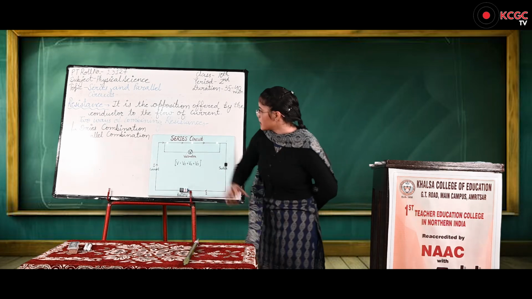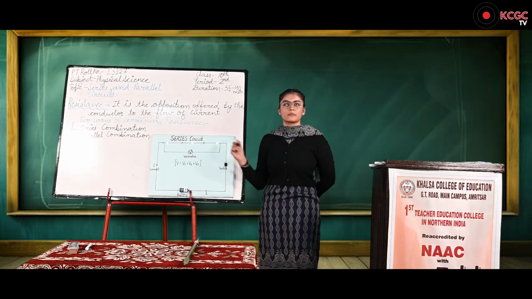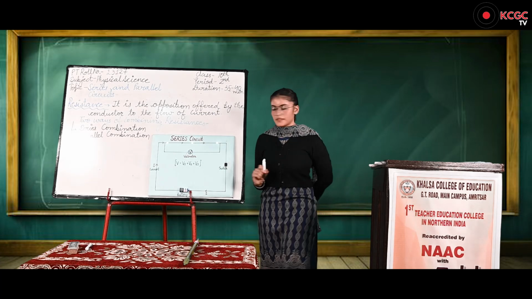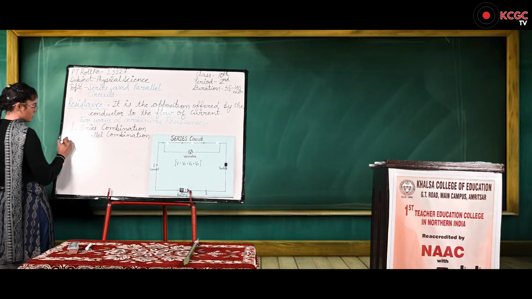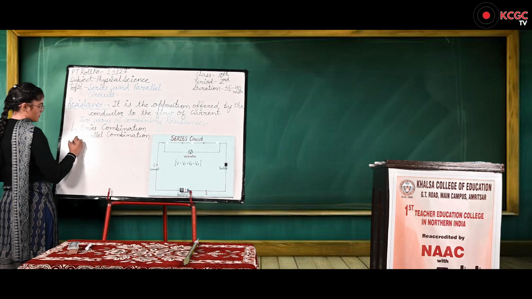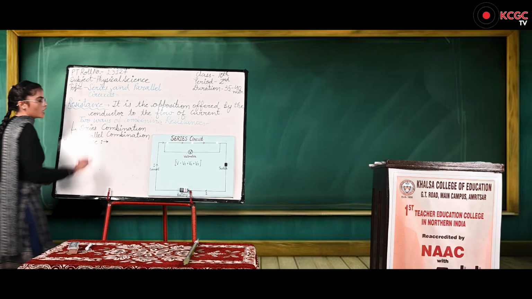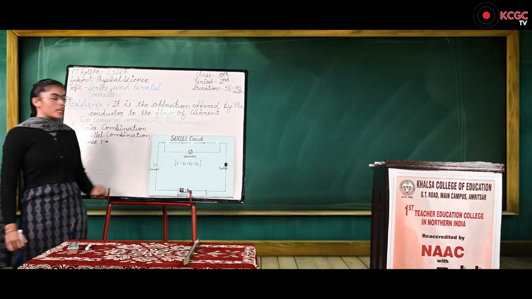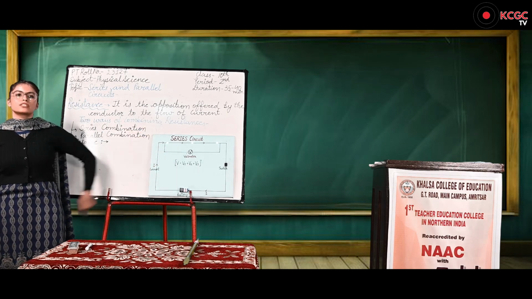So students, we will calculate the resistance offered by these three bulbs in the series circuit. Note it down in your notebooks as well. So what will be the resistance? Now here we have seen that the voltage across these three bulbs is going to be divided.